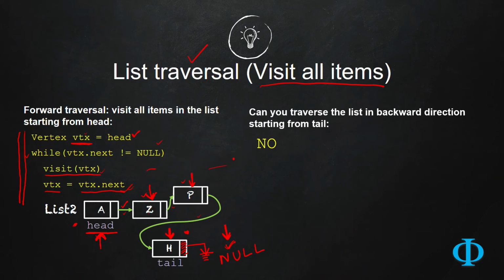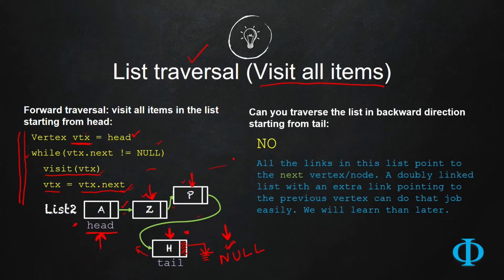So the short answer is you cannot traverse the list in the backward direction. Why? Because all the links in this list point to the next vertex, or the next node, or the next element. The arrowheads are all in this direction.